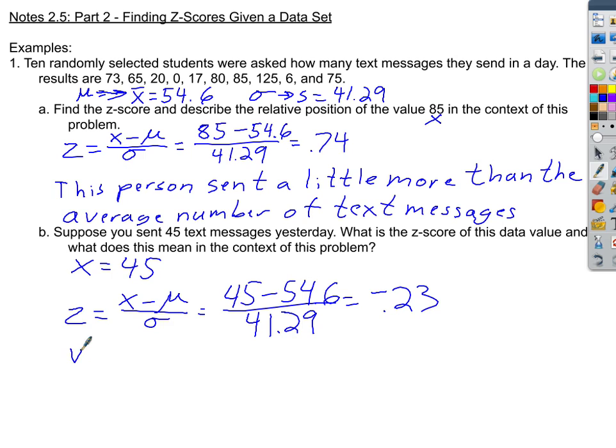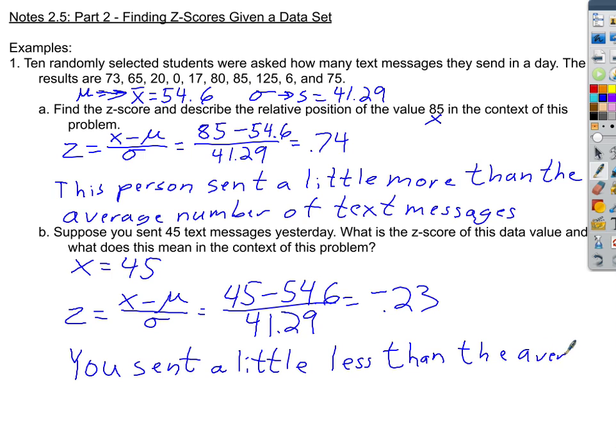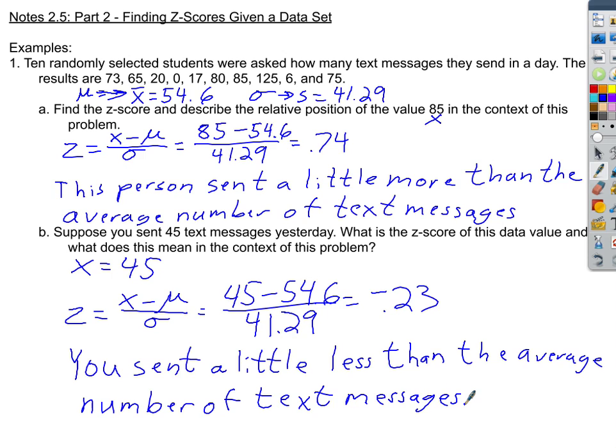So in the context of this problem, you sent a little less than the average number of text messages. The negative z-score means less, and it's only a negative 0.23, so it's not much less than average.